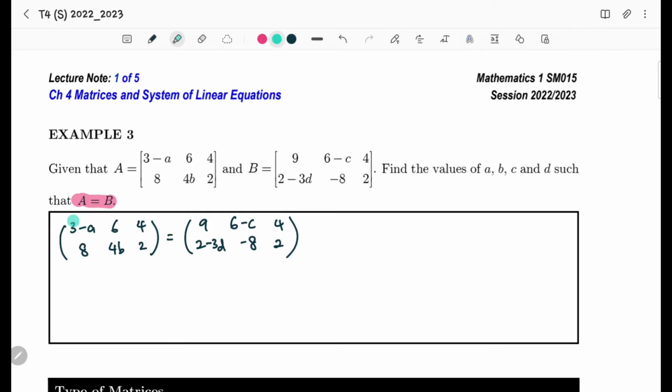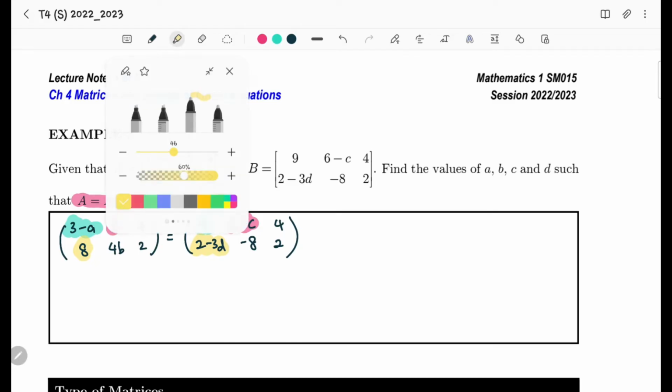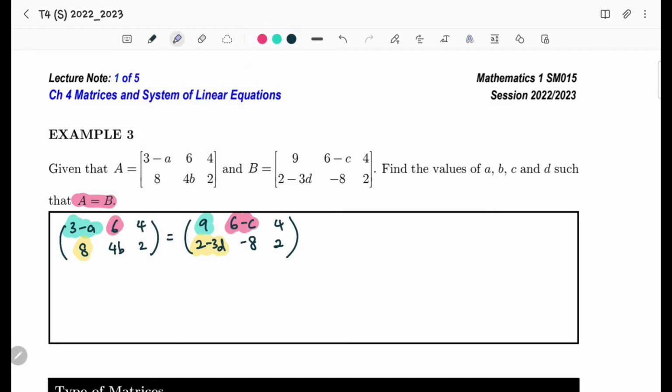So I can compare 3 minus a with 9, then 6 with 6 minus c, and 8 compare with 2 minus 3d, and the last one, 4b equals negative 8.